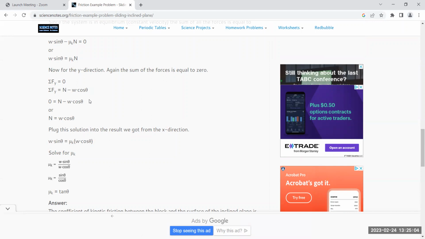Since N is the opposite of W cosine theta, it's got to be positive. So if you were to substitute N in here, what you'd get is W cosine theta minus W cosine theta. Doesn't matter what those work out to, those are equal quantities, so they go to zero.